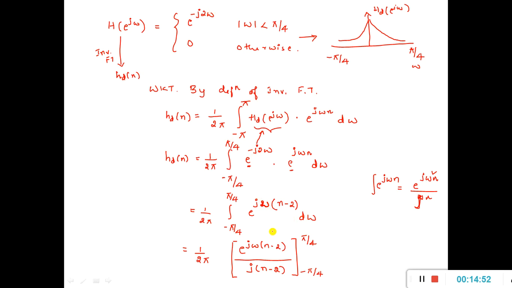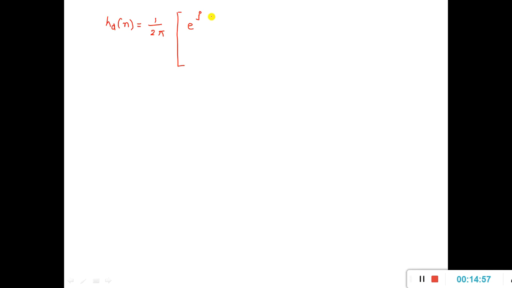So that is hd of n is equal to 1 divided by 2 pi. If I substitute the upper limit, omega is pi by 4, so it is e to the power of j pi by 4 into (n minus 2), divided by j times (n minus 2), minus, I will apply the lower limit.